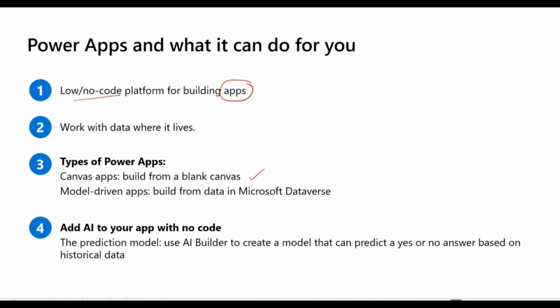One example they have given here is a prediction model. So what does a prediction do? It provides you with a yes or no answer based on past or historical data. Depending on the historical data, you predict the future, right? So that's about adding AI to your app with no code. Similarly, there are a lot of models like this, not just prediction.